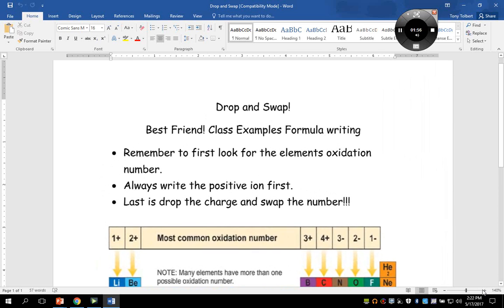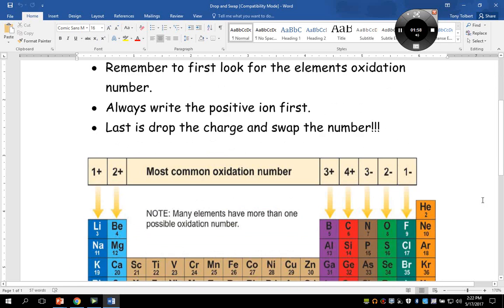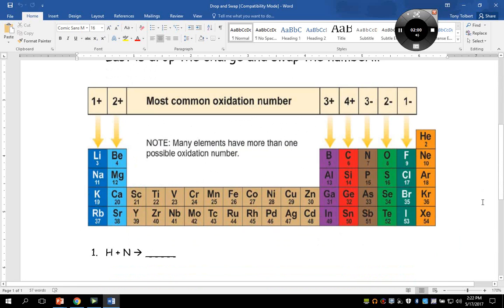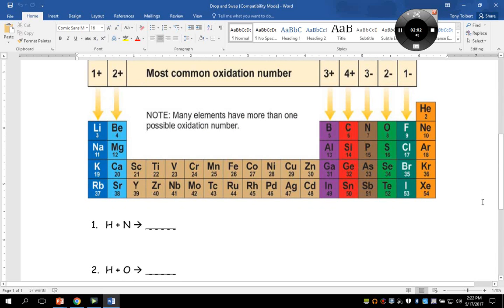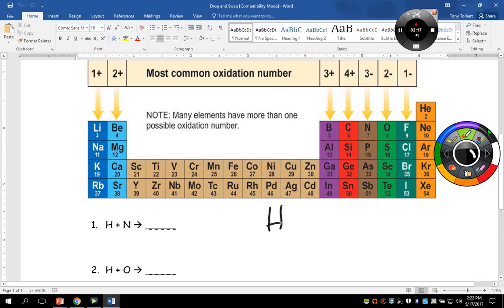Once again, you should have these drop and swap numbers on your periodic table. So let's figure out the first one here. It looks like I've got H and N. So what I need to know is, what is the charge of an H? The charge of an H is +1. What is the charge of an N?